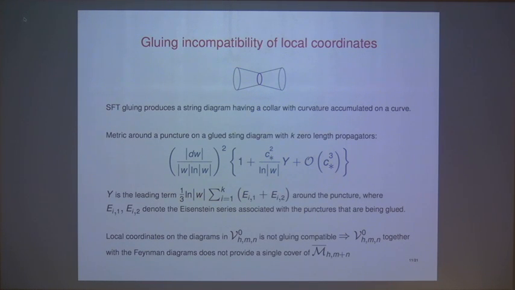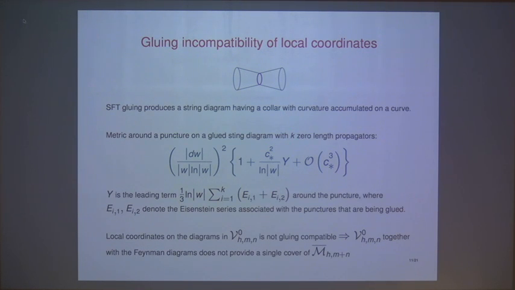a certain correction factor. The correction factor is 1 plus c star square divided by ln of mod w, and then a coefficient y. And you have corrections that are of the order c star cube. C star is the parameter that I introduced for defining the string vertex, and this coefficient can be computed.